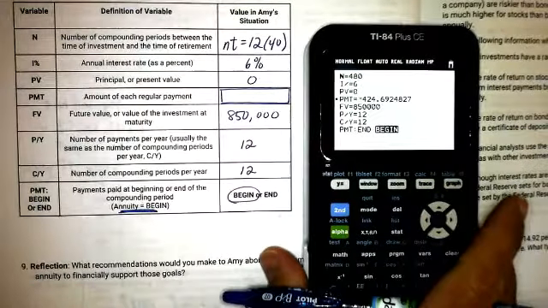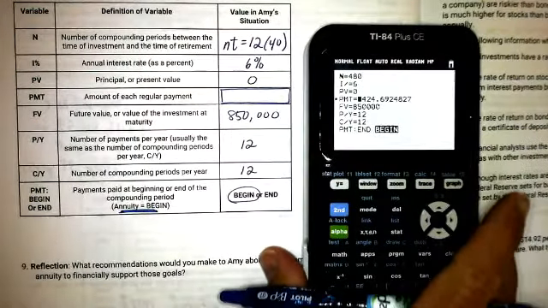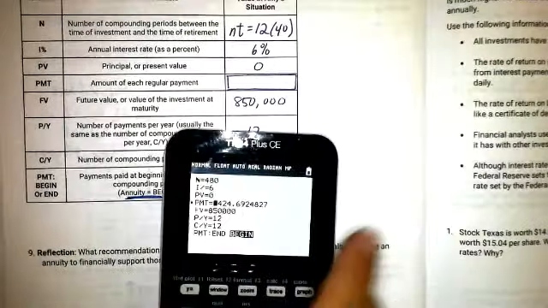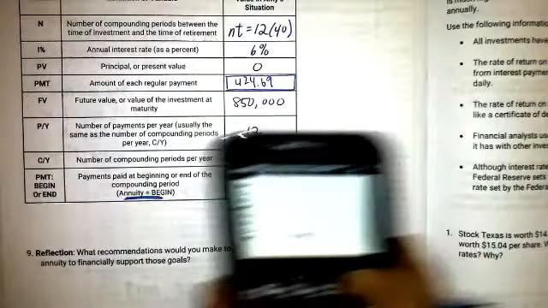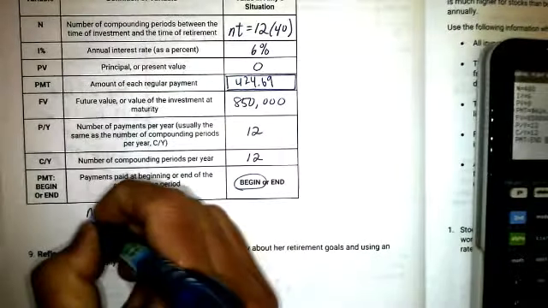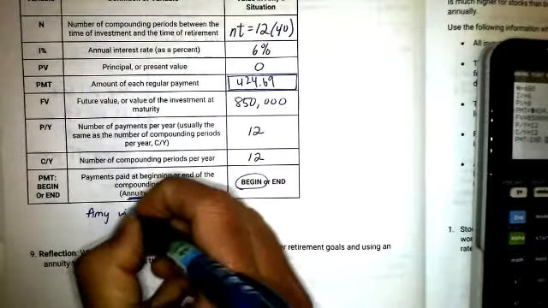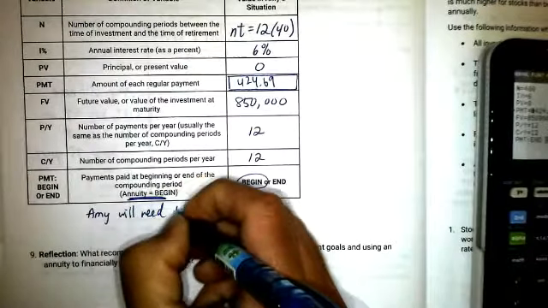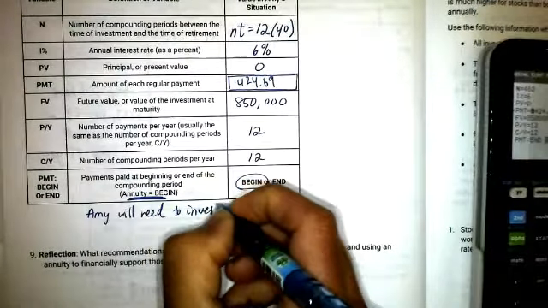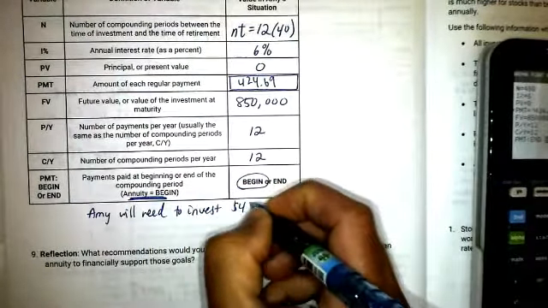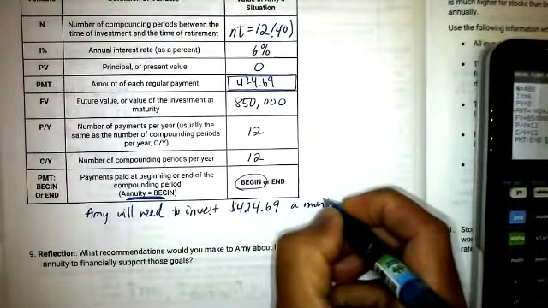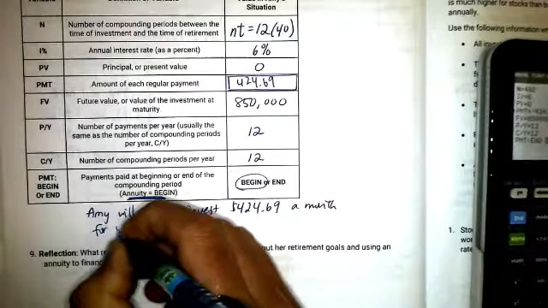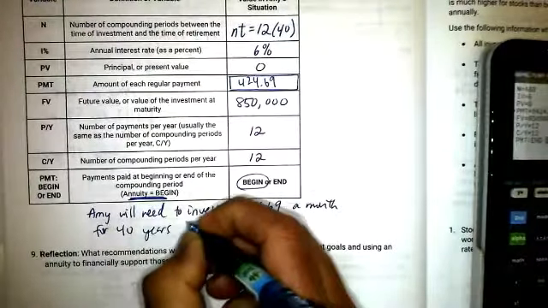So Amy will need to invest $424.69 a month for 40 years to be able to have saved $850,000.